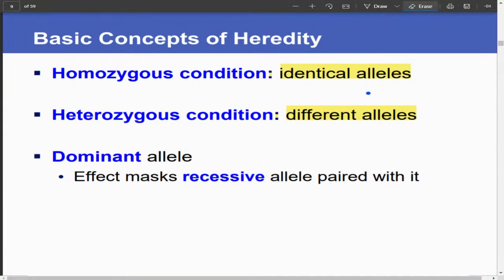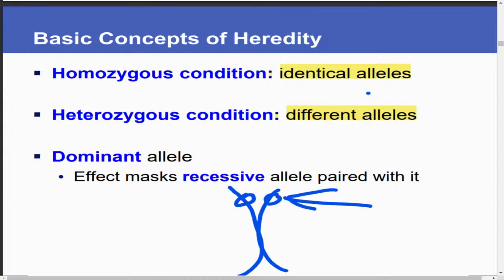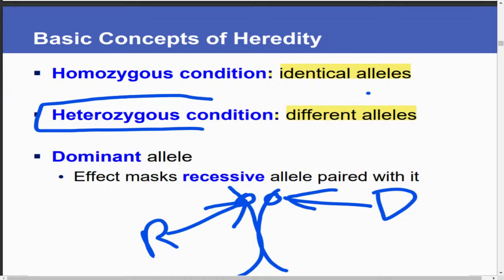Let's say that we have two alleles on a chromosome pair. One allele is here, the second is here. This one is dominant, and this one is recessive. Then we can say that this is a heterozygous condition.